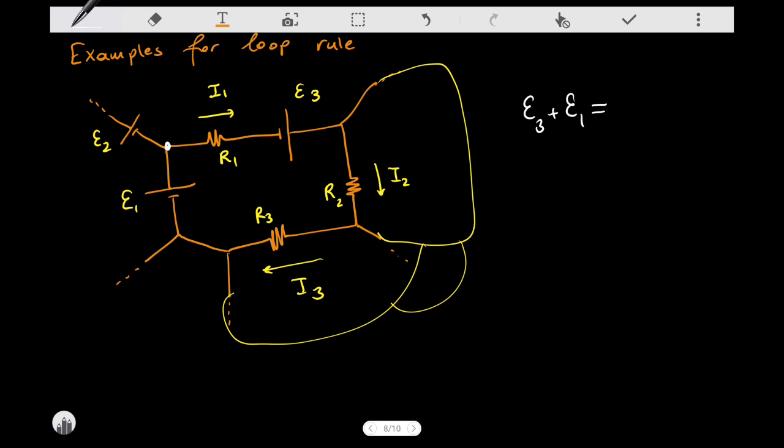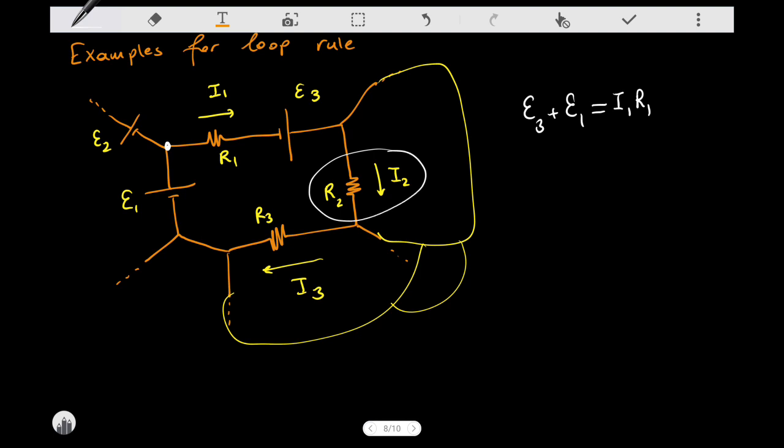is equal to, now I write down the potential drops on the resistors. So potential drop on the resistor R1 is, this is always the case that when I'm going along the direction of the arrow where this current is measured, the potential drop is counted as a positive quantity. So as a result, this is I1 times R1.